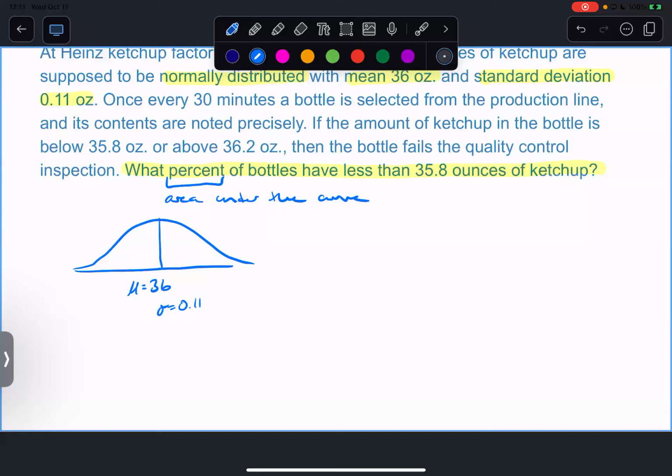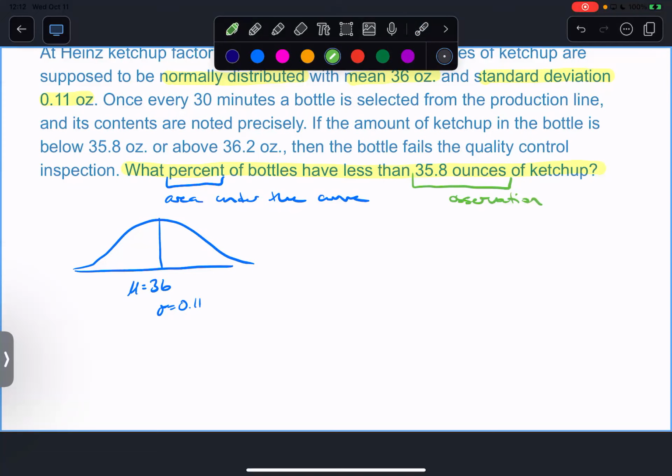Now, 35.8, it makes sense that it's below the mean, right? Because you're underfilling, you're allowed to be a little bit under 36, but not too far. And so here, this is the observation that we're interested in, the observation that I want to find the associated probability with.